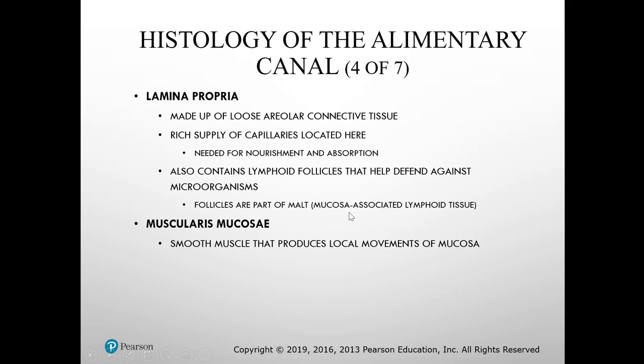And then finally, under that you have your muscularis mucosa. The muscularis mucosa is made up of a thin layer of smooth muscle that produces local movement just for the mucosa alone. And most of the time, the holding tone of the muscles of the muscularis mucosa pulls the mucosa into folds or villi.